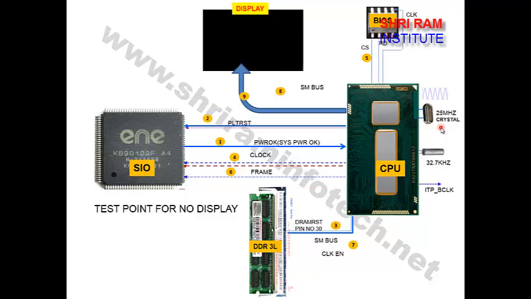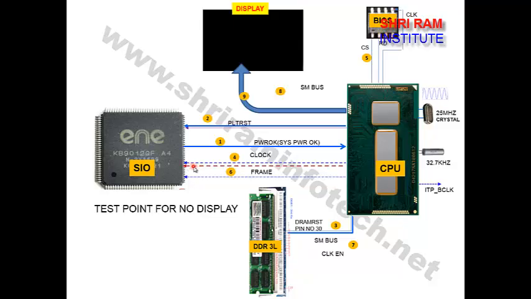The CPU receives this 25 megahertz and generates different clocks. This clock you can check on the SIO pin, the LPC bus. There is a pin named LPC clock. At the LPC port you should get 33 megahertz. You have to take out the diagram and check the LPC clock there.